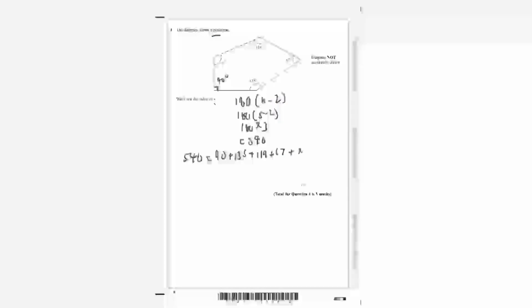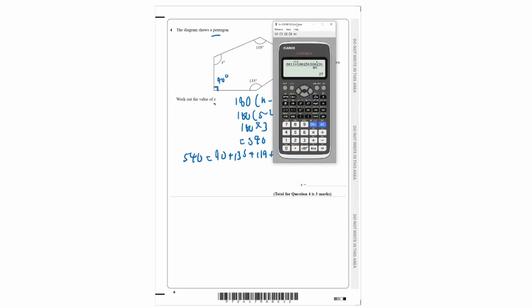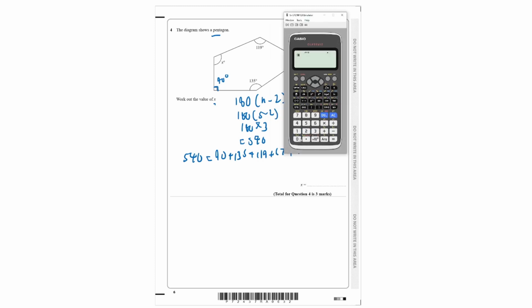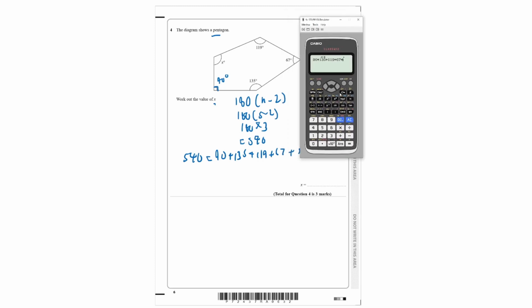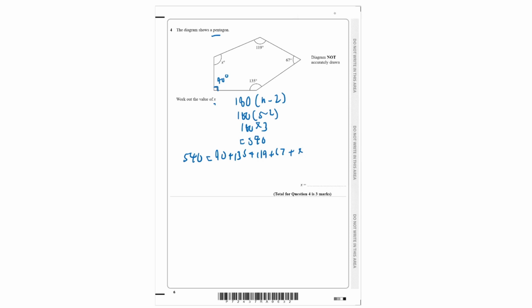If we take out our calculator here, we have 90 plus 135 plus 119 plus 67 plus x. So we can leave that as is, and we have 411. 540 is equal to 411 plus x.